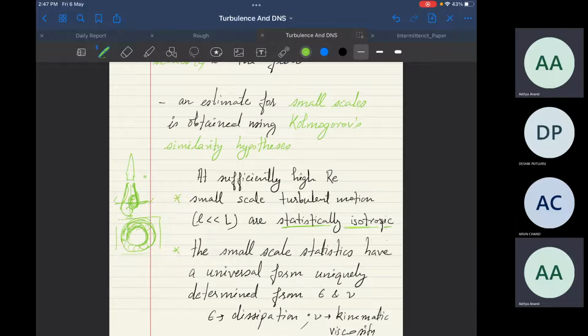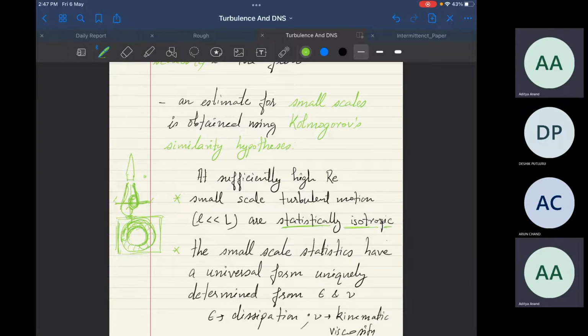However, the small scales, as per Kolmogorov's hypothesis, will not have any directional preference. So they might be oriented randomly. This toroidal vortex would be in this plane itself, and it will convect downwards.